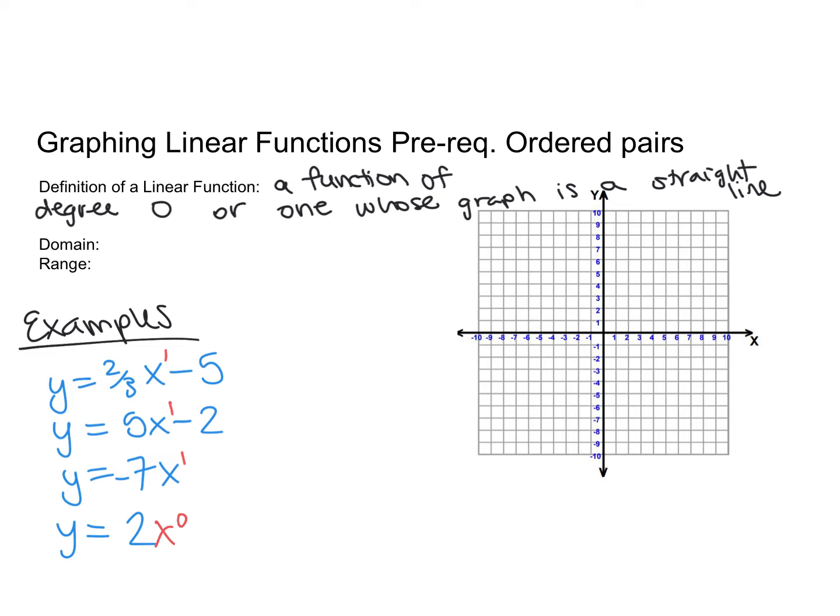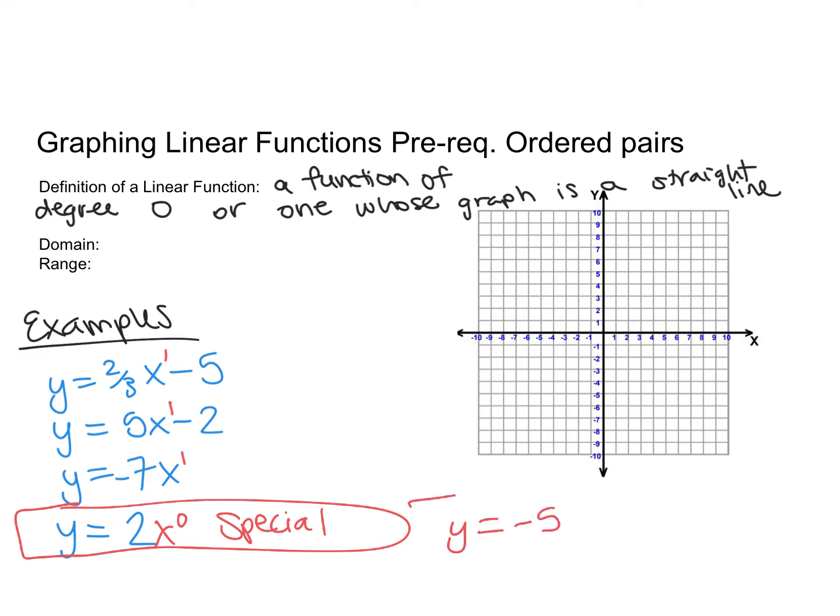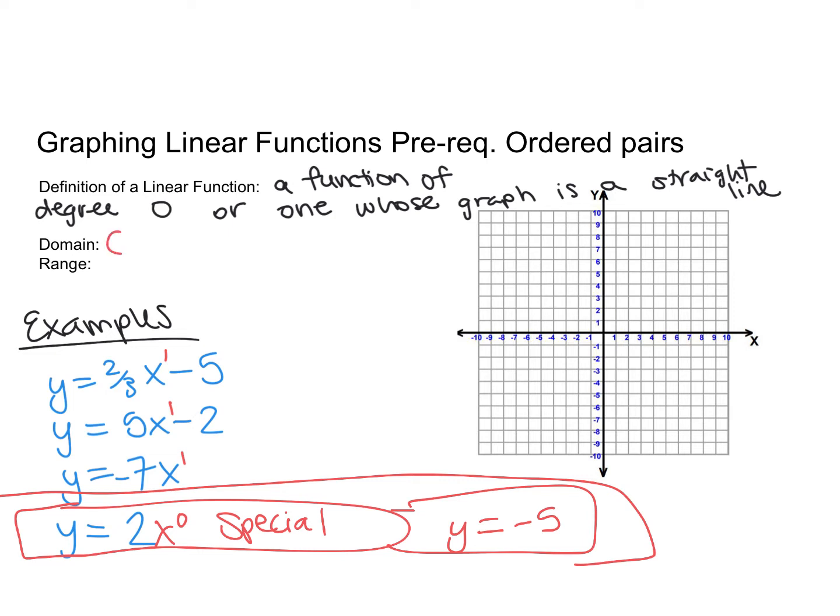Typically, our domain and range, unless it is special, which really I would say that these are special, when we just have y equals a number. So these kind of are like a special category of a linear function. Typically, our linear functions will have a domain of negative infinity to positive infinity and a range of negative infinity to positive infinity.